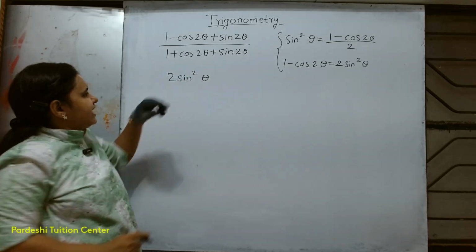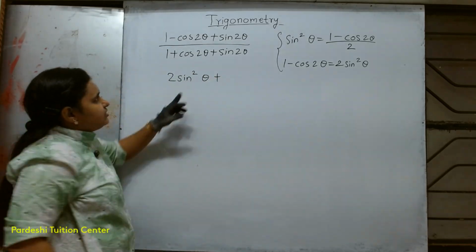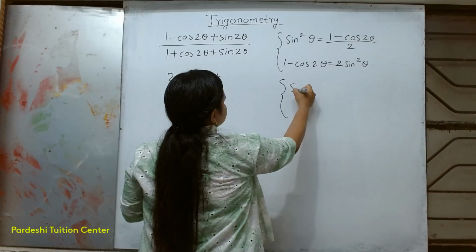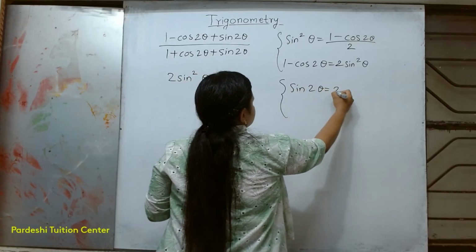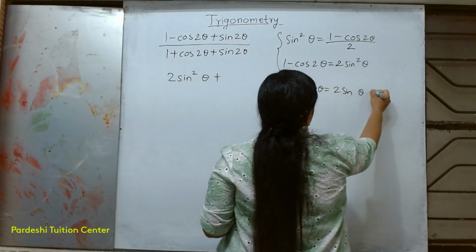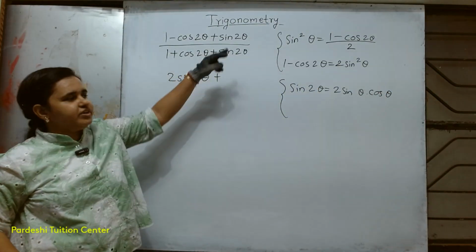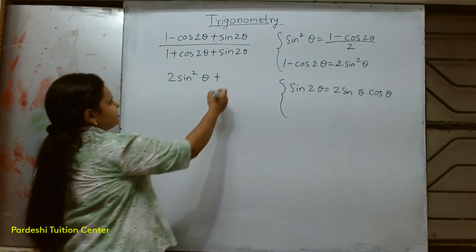Again plus sin 2 theta. The formula for sin 2 theta is 2 sin theta into cos theta. So in place of sin 2 theta we can write 2 sin theta into cos theta.